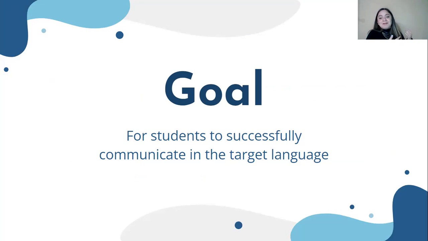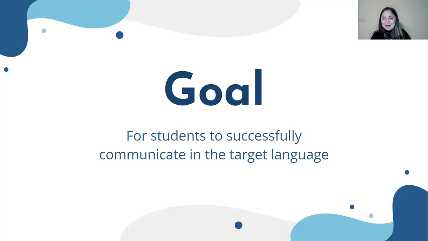And as we were saying before, come up with activities that are like real life situations so they know how to communicate. Very good. So this is the goal of the direct method, for our students to actually communicate in the target language.